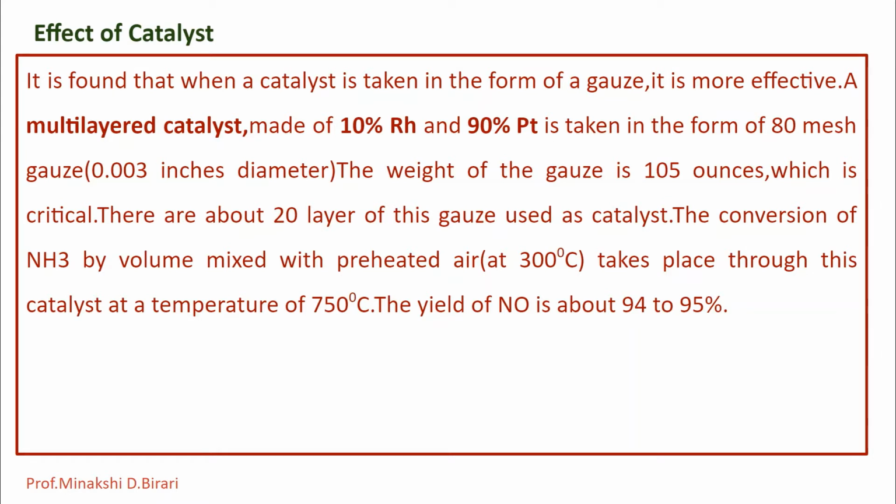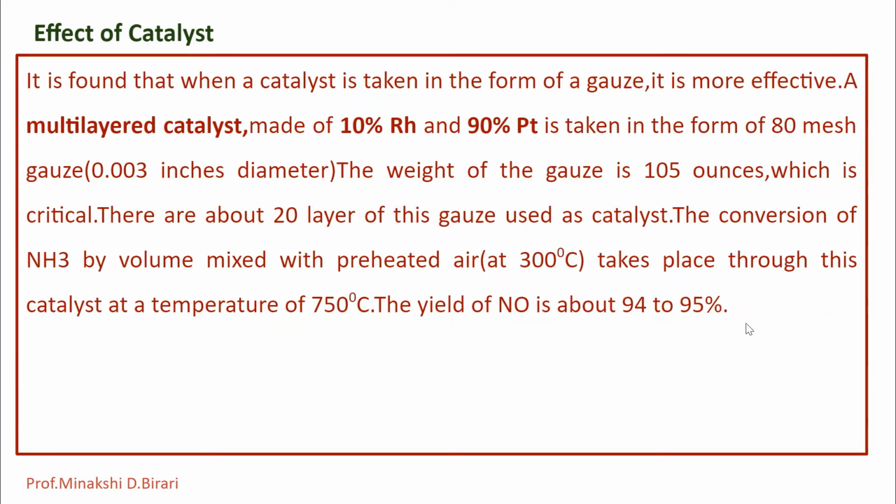We know that rate of reaction depends upon catalyst. A multi-layered platinum 10% rhodium wire gauge is found to be the best catalyst. It utilizes 10% NH3 at 750 degrees Celsius and brings about 94 to 95% oxidation.